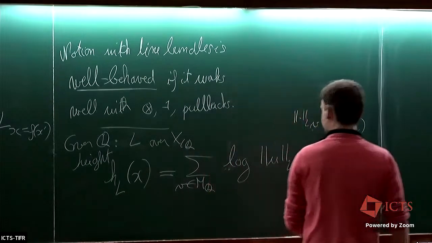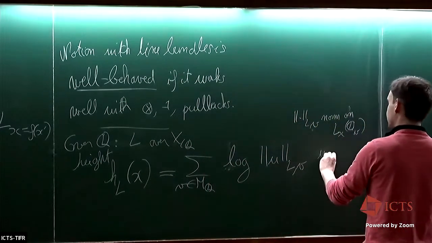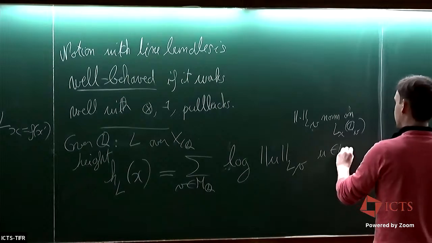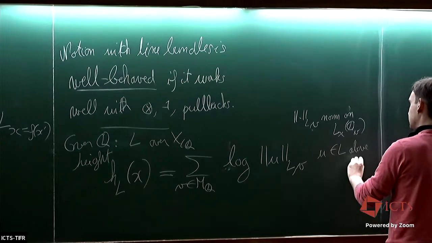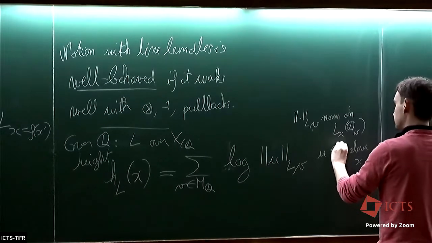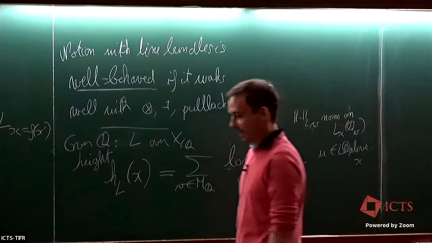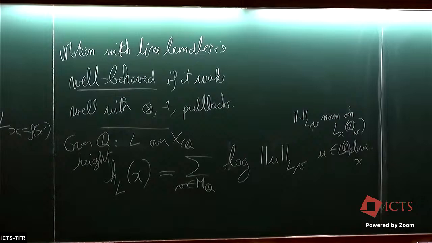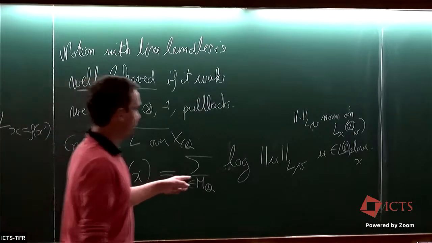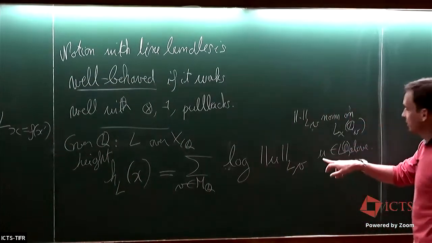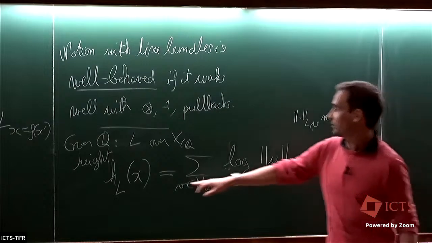And what is U? I should mention here. U is L above X. L of Q above X. All right. It might look a bit weird, but it's exactly what you usually do with heights, just rewritten differently and very powerful. First, maybe as a sanity check, why is it well defined? Because I choose a U?